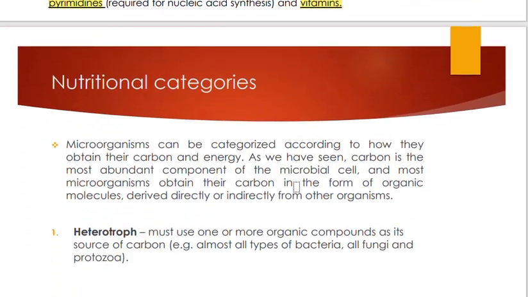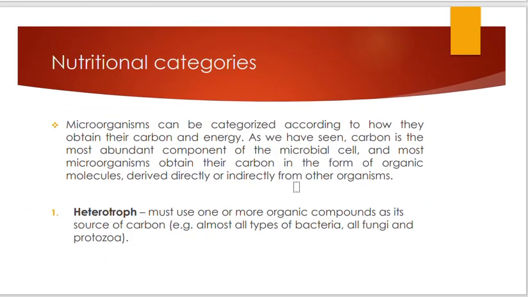Now we will discuss different nutritional categories. Microorganisms can be categorized according to how they obtain their carbon and energy. As we have seen, carbon is the most abundant component of the microbial cell, and earlier I discussed that carbon is the principal molecule component in the macromolecules of your microorganisms.